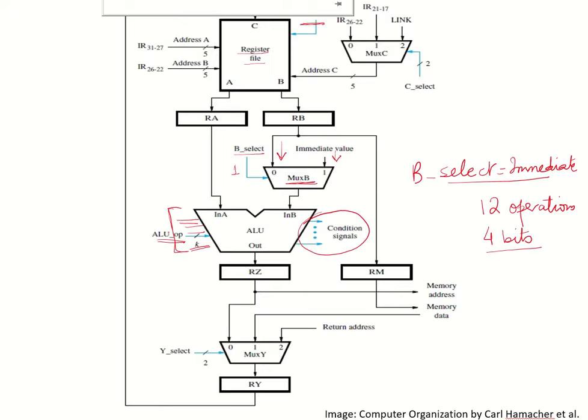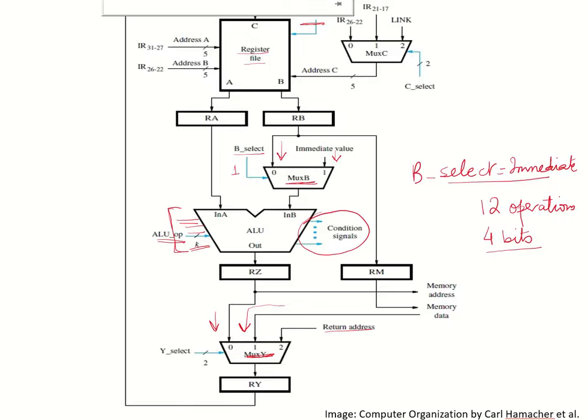Multiplexer Y gets 3 inputs. One is coming from the output of the ALU, one is coming from the memory in case it was reading the memory, like for a load operation. The third input is the return address, in case there is a call to a subroutine and the return address has to be saved.